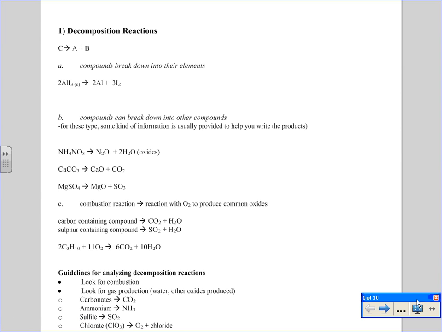In order to become an expert at writing products for reactions, practice is the only way to do it. There are lots of different reactions. You need to approach it with a problem-solving attitude rather than a memorizing attitude.